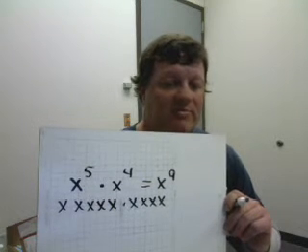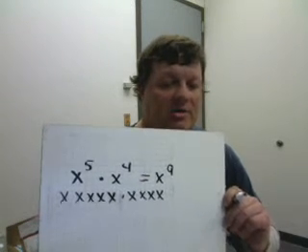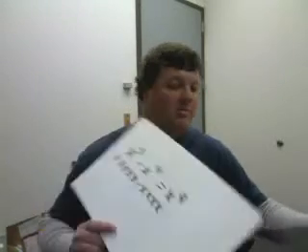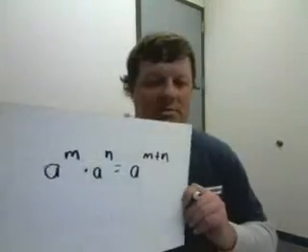If you do 5 plus 4, you get 9. So the rule then, after you've probably come up with it on your own, written algebraically, and this is what we see in all the textbooks, is this: a to the m power times a to the n power is equal to a to the m plus n power, just like this.